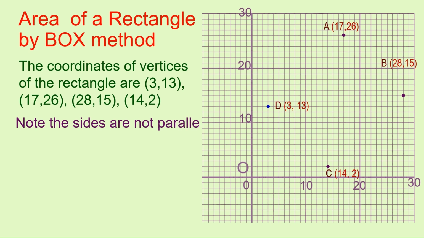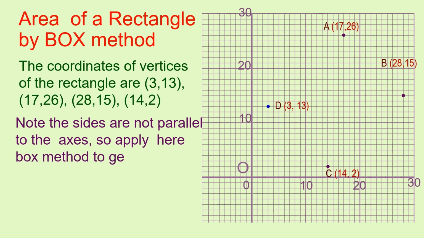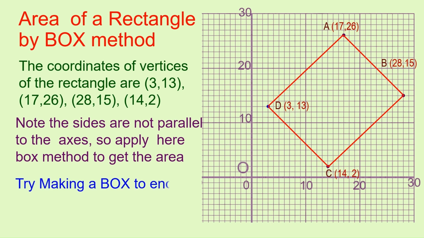Note: the sides are not parallel to the axis, so apply the box method here. To get the area, try making a box to enclose the rectangle ABCD.